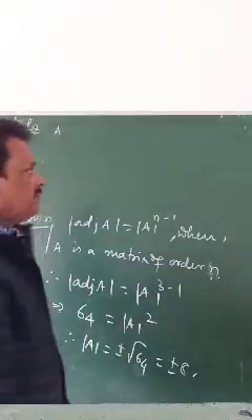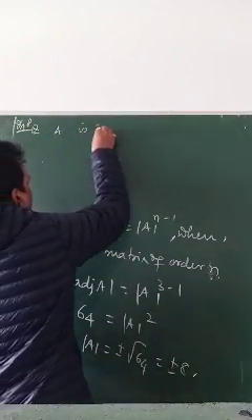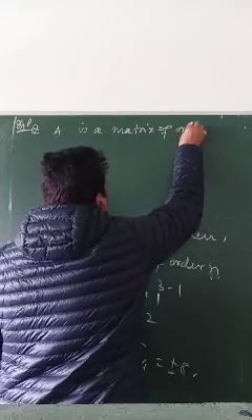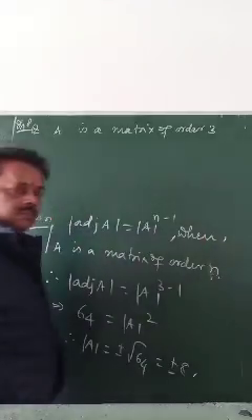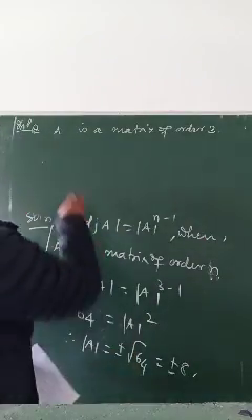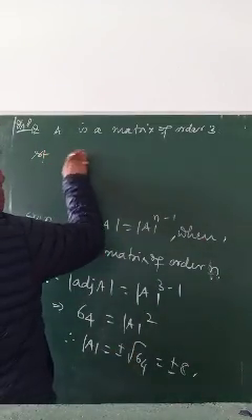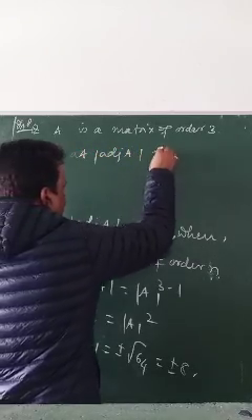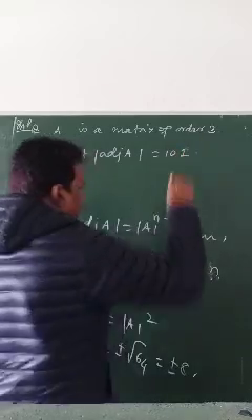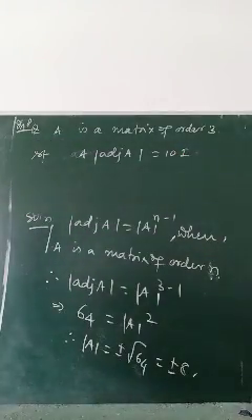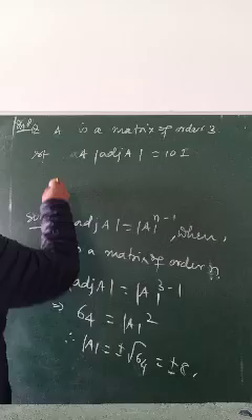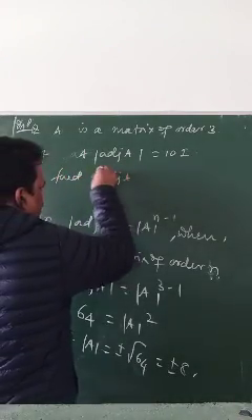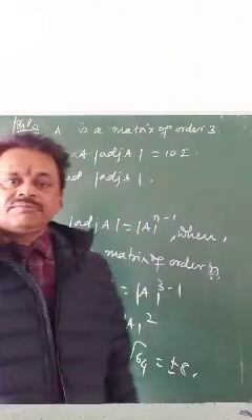A is a matrix of order 3 such that A times adjoint of A equals 10I. Find the determinant of adjoint of A. It is the same question but asked in a different manner.